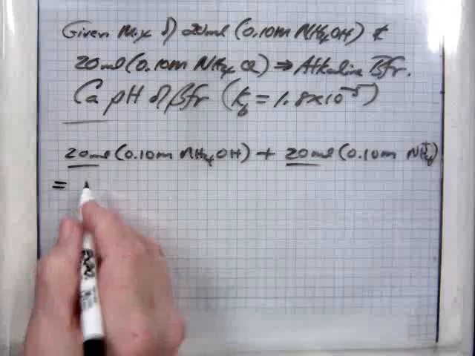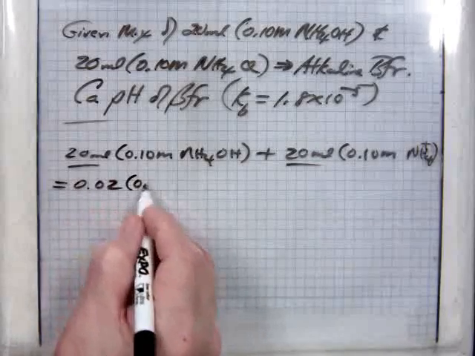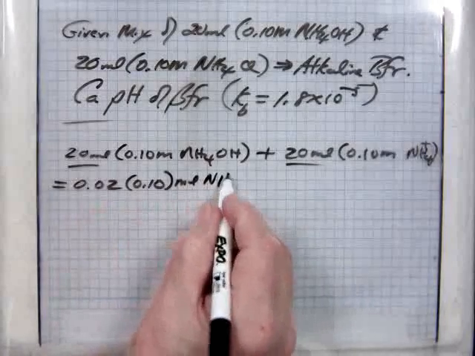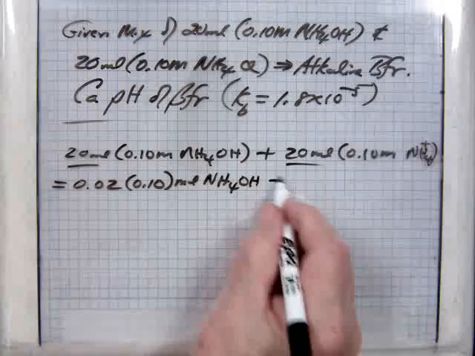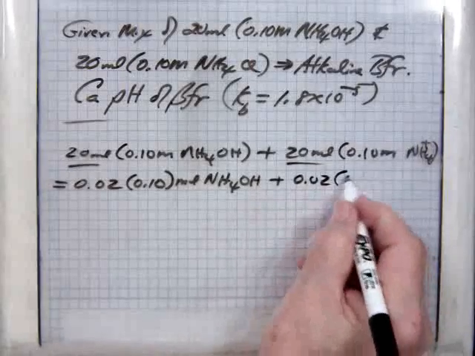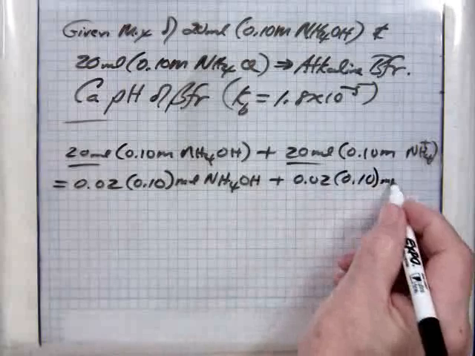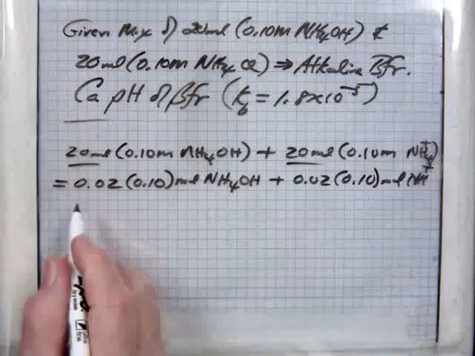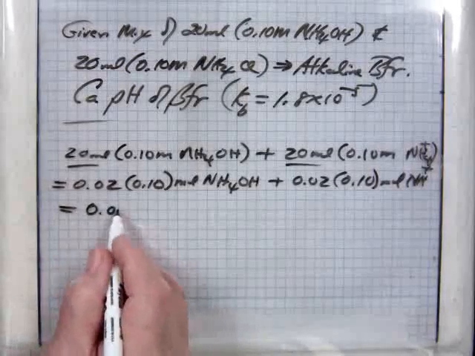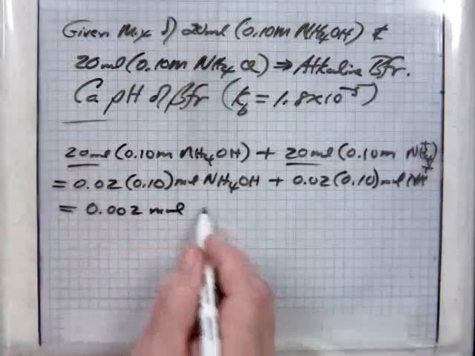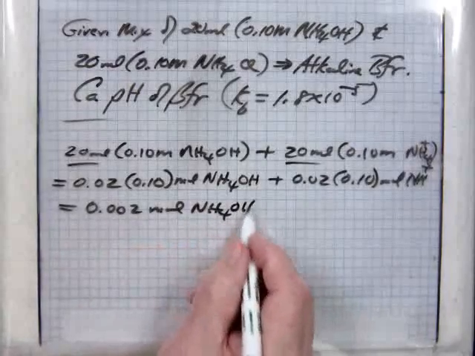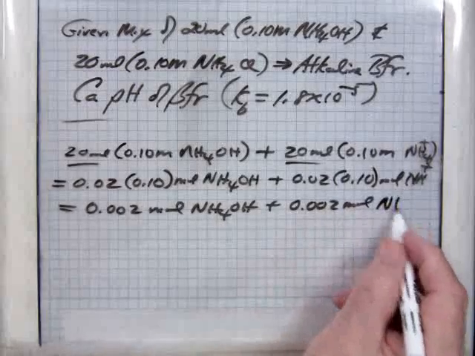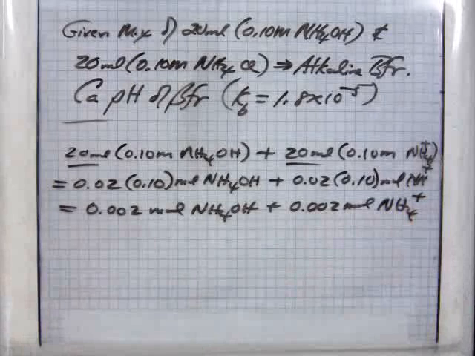So this is 0.02 times 0.10 mole of the ammonium hydroxide plus 0.02 times 0.10 mole of the ammonium ion. And so that is 0.002 mole NH4OH plus 0.002 mole of the ammonium ion.